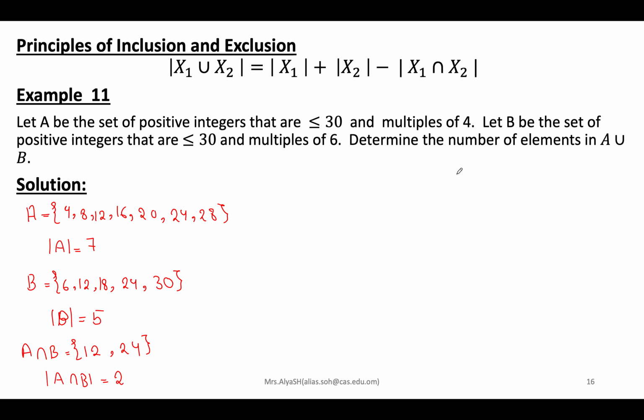Now to find the number of elements in A union B, we need the elements of A plus the elements of B minus the elements of A intersect B. Here we got 7 plus 5 minus 2, and the number of elements in A union B equals 10.